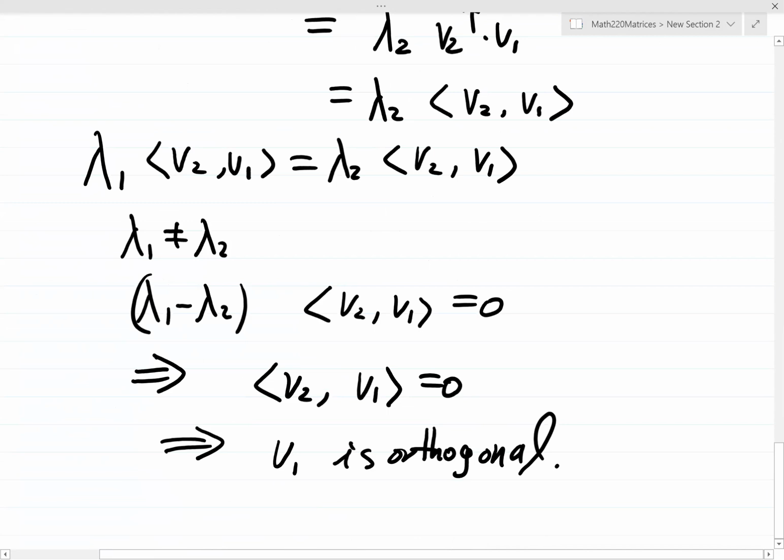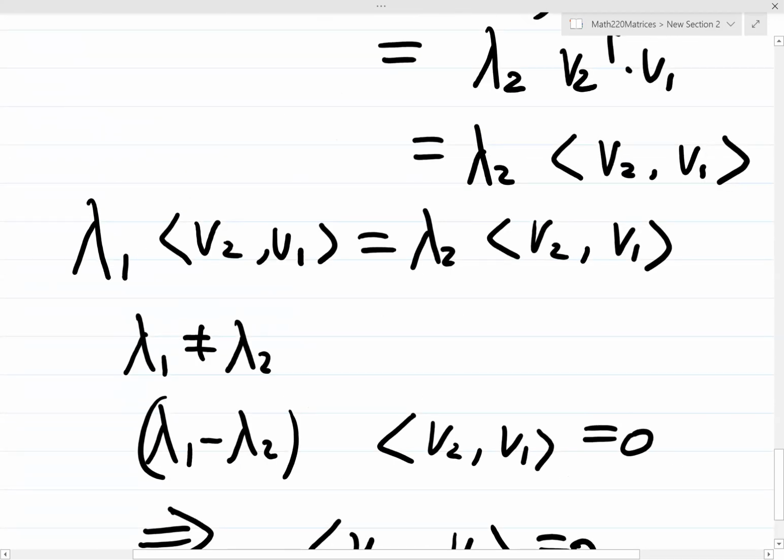Here lambda 1 and lambda 2 are distinct eigenvalues. So if you move terms, you get lambda 1 minus lambda 2 times the inner product of v2 with v1, and you find this to be 0.